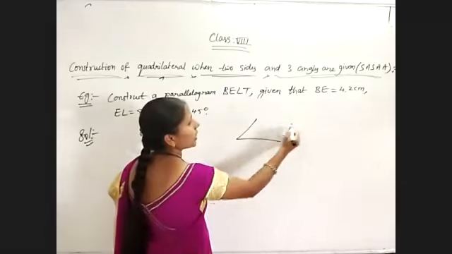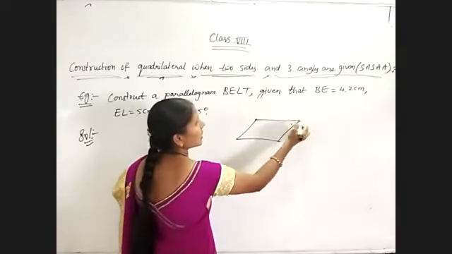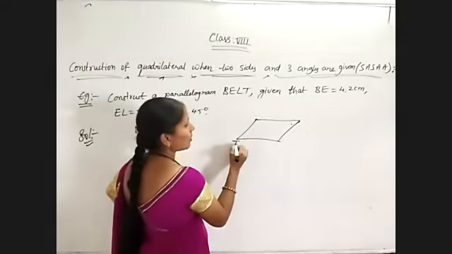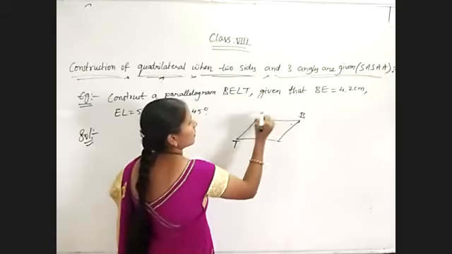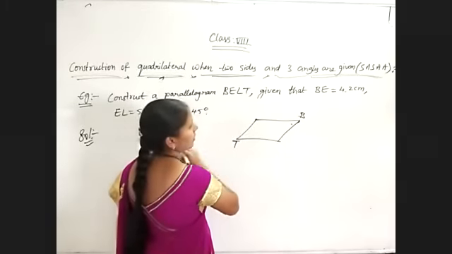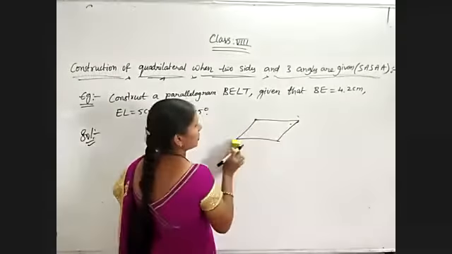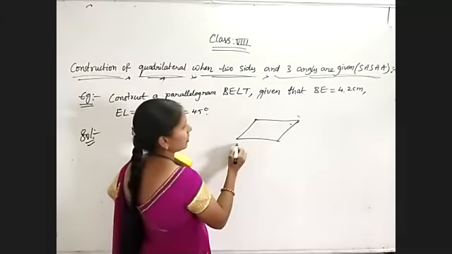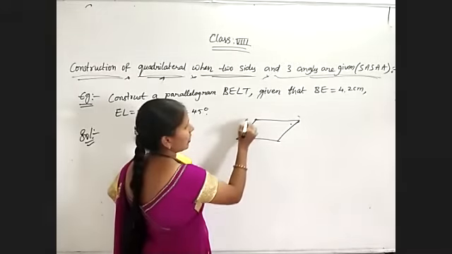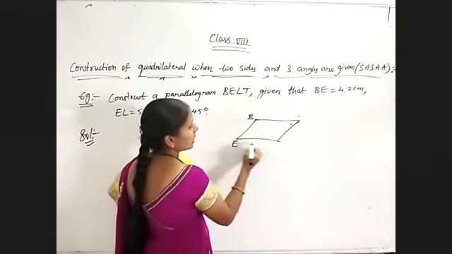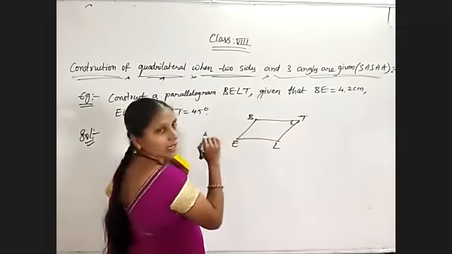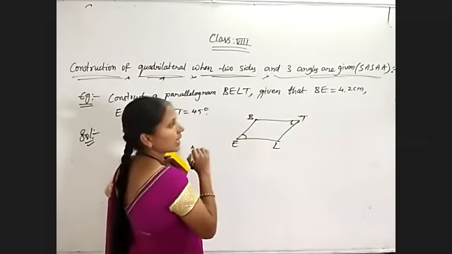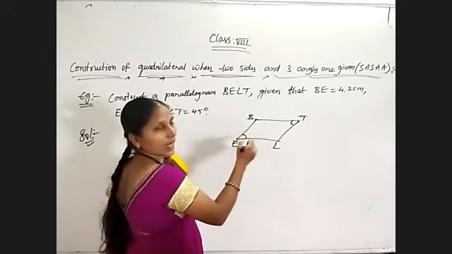Now draw the rough figure of quadrilateral BELT. T is an acute angle, and angle T and angle E are equal acute angles.